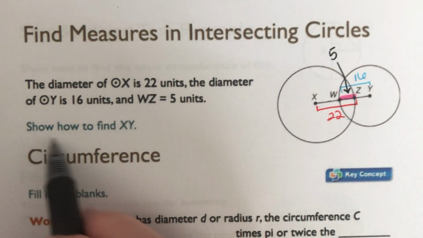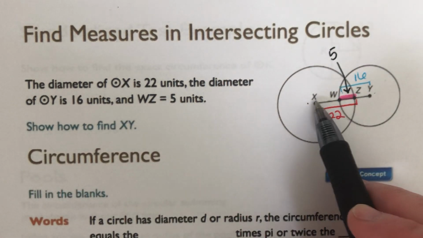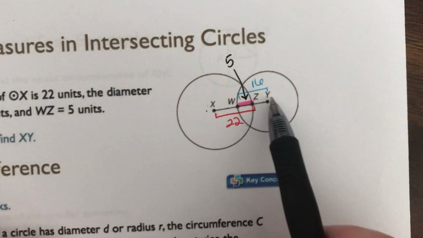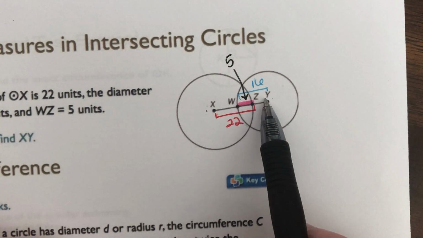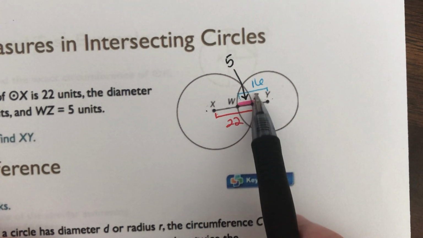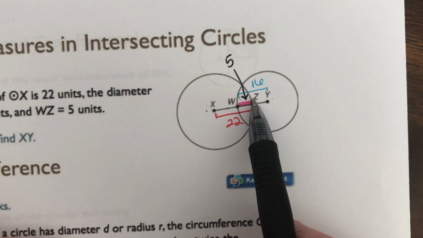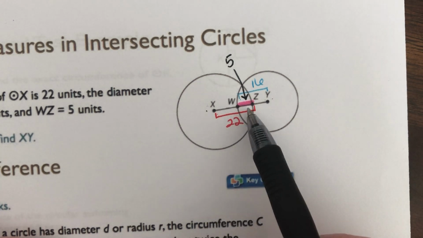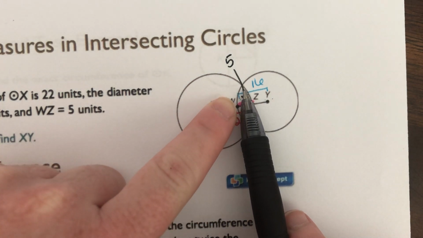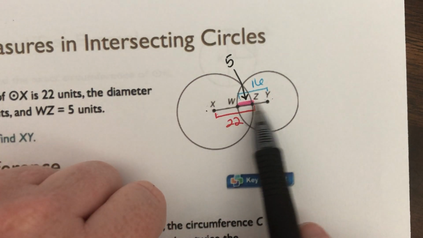All right, so what is the length of XY, this entire line? Well, basically, we're just adding this 22 and this 16 up. We're adding them together. But since they overlap here, we're counting this twice, right? So we're going to have to take that away. We can either take it away from the 22, and that way it's not really 22, it's 17. So we'd have 17 and then this 16.